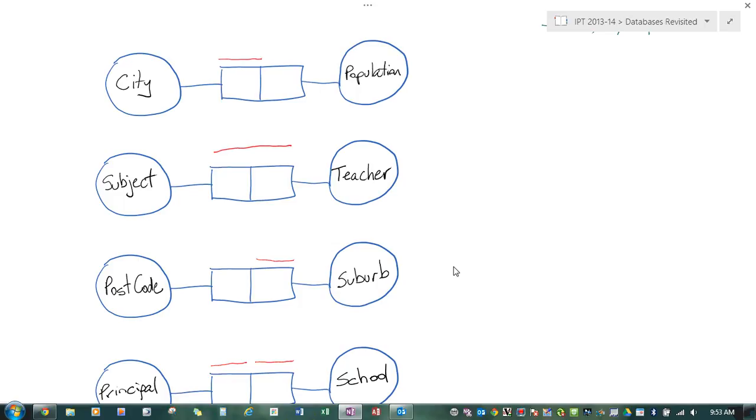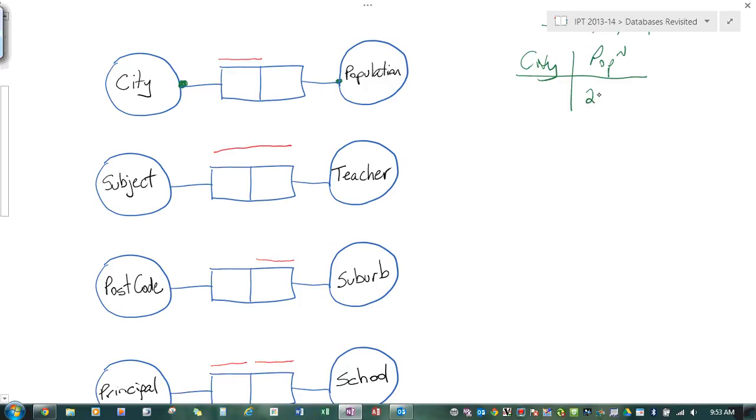Next one. Does a city need to have its population recorded? So again, it's for your actual database, so sometimes it might not be, but generally speaking, you would say yes, so we'll put a dot there. Does a population need to have a city recorded beside it? Yeah, probably. You wouldn't have, here's the city, there's the population.